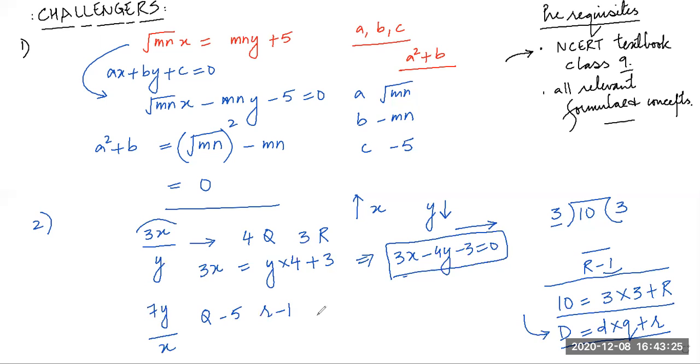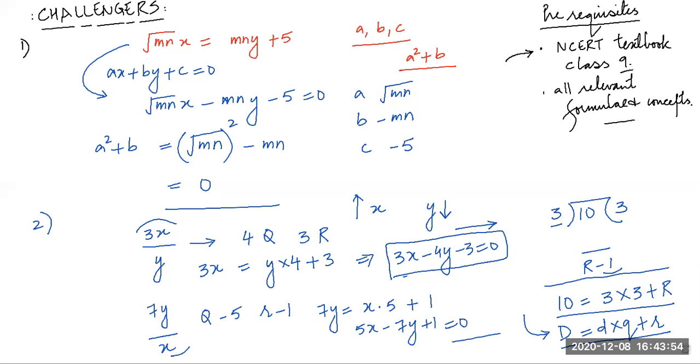So how will we formulate this? 7y would be equal to divisor into quotient plus remainder. The divisor is x, x into quotient 5, plus remainder 1. That's all. So you get 5x minus 7y plus 1 is equal to 0. Done. Good sum.